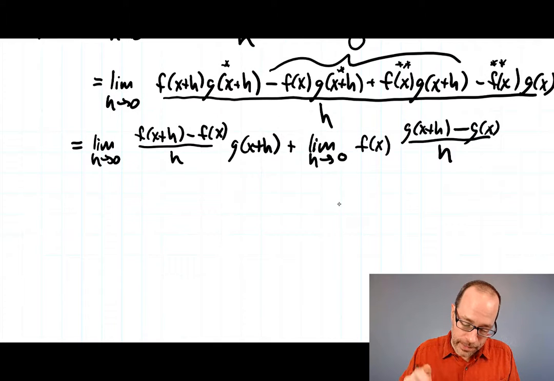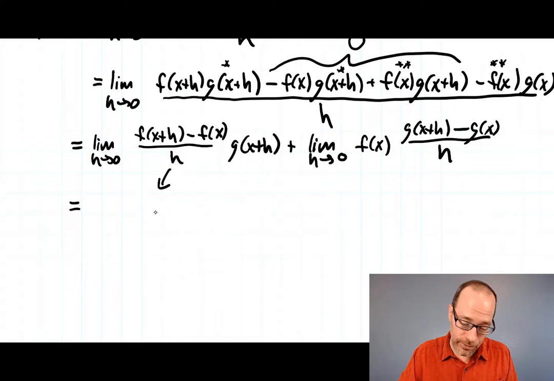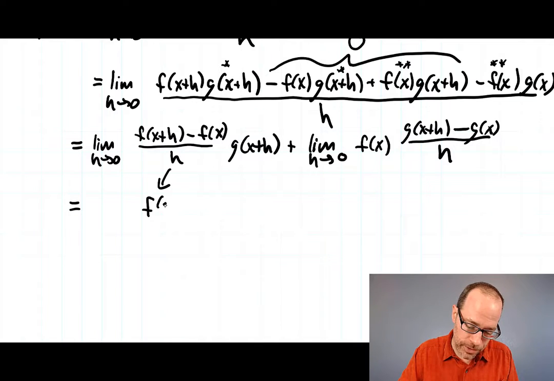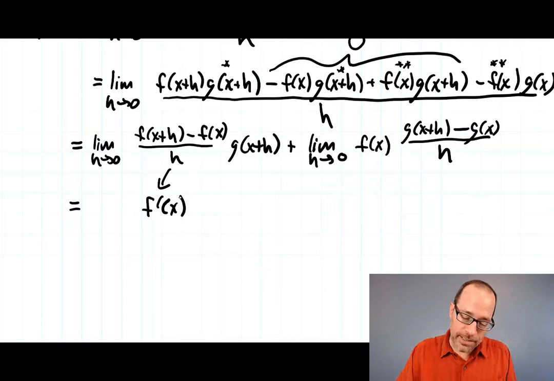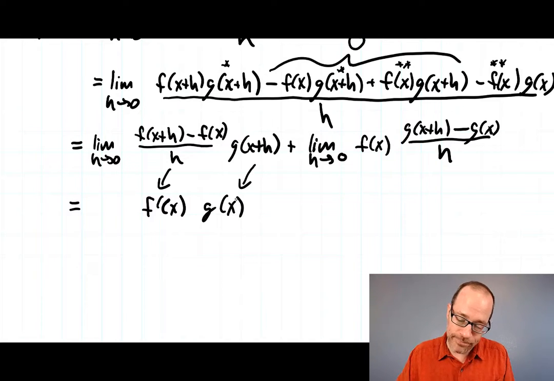Now, at this point, we are pretty happy because this term here is just the definition of the derivative of f. So it will converge to f prime at x because f is differentiable. And since g was continuous, as h goes to 0, this will converge just to g of x.